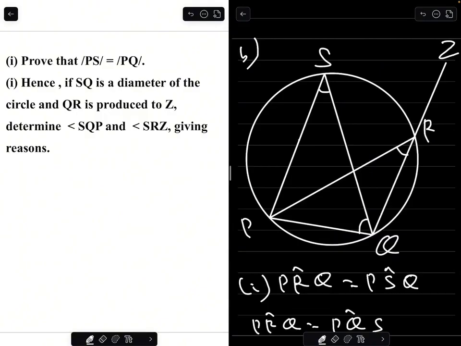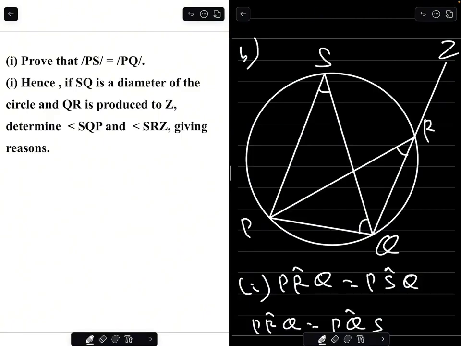Determine angle SQP and angle SRZ. Now SQ is a diameter and QR is produced to Z. I now want to find angle SQP and angle SRZ.